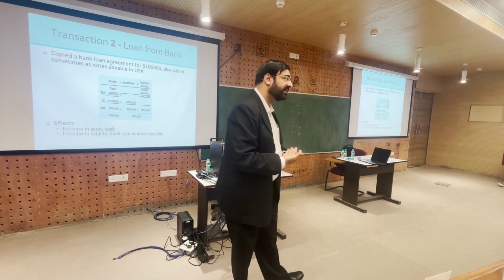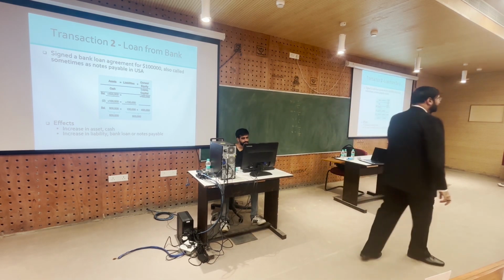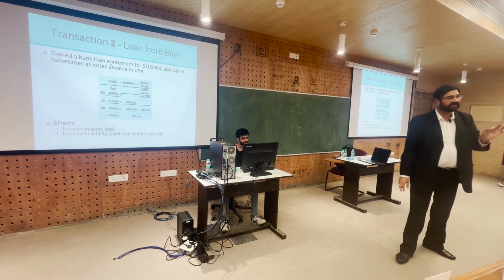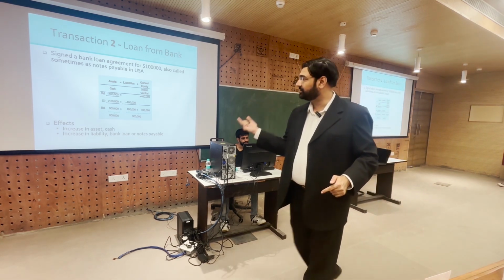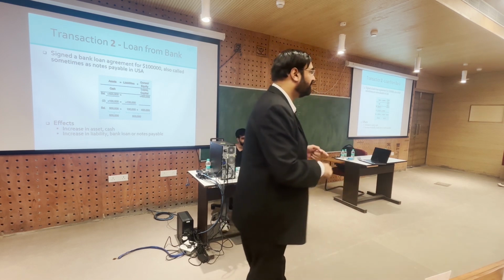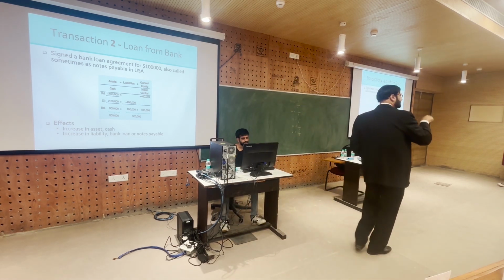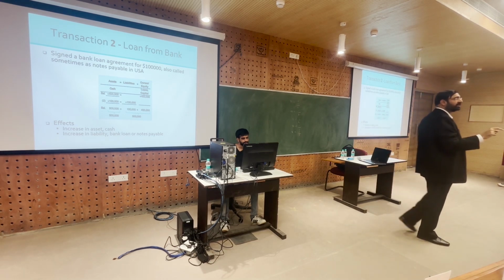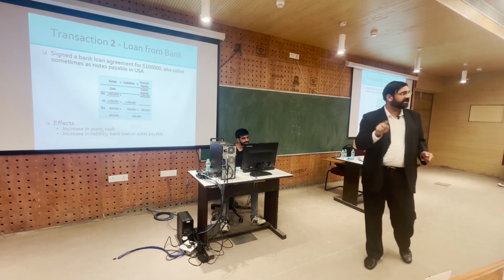What are the things you will analyze? That at the end of this transaction, I have silently noted that the accounting equation still balances. Assets is still equal to liabilities plus equity. What is the other thing you will analyze? That if one asset goes up, then another asset has gone down, or liability has gone up, or equity has gone up.